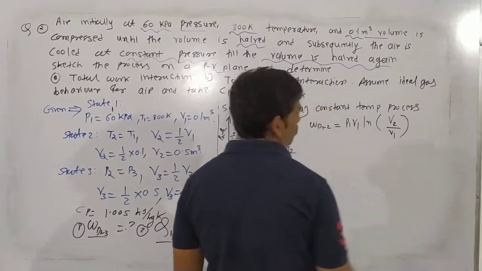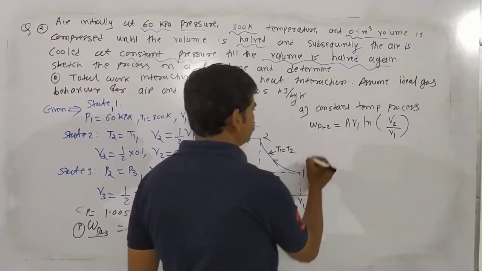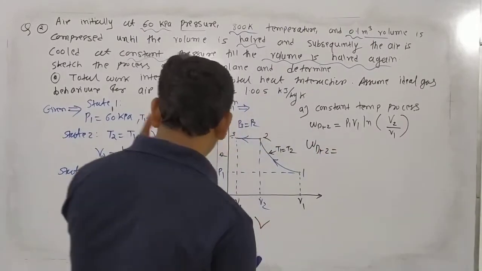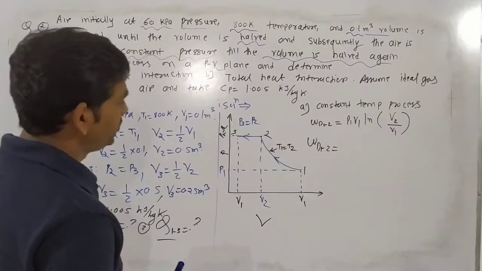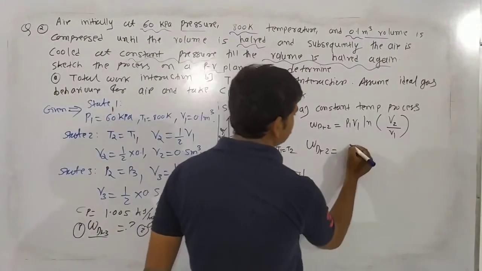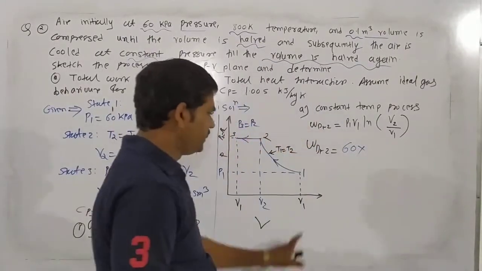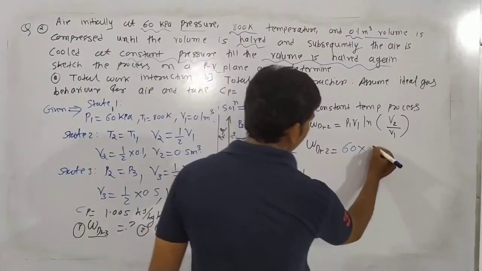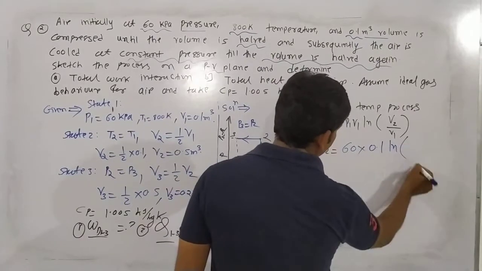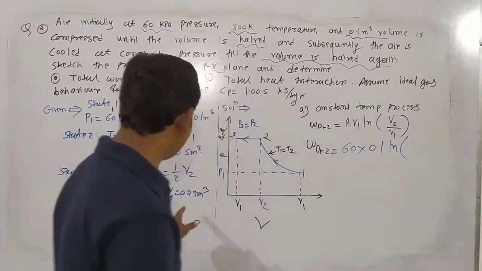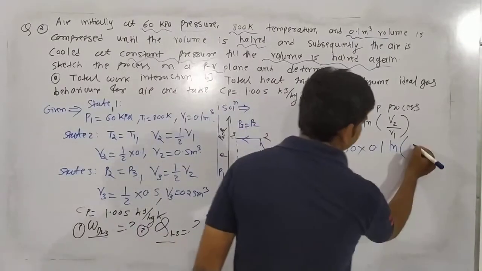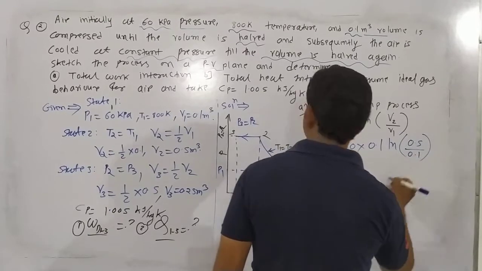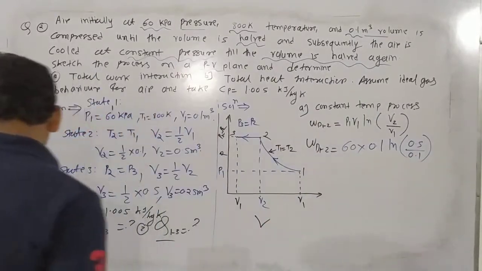Just put in the values. What is the value of P1? It is 60 kilopascal, so I write down 60. The initial volume is 0.1 meter cube, so put in 0.1. Then ln of V2 upon V1, where V2 is 0.05 upon 0.1. Yes or no? Yes.